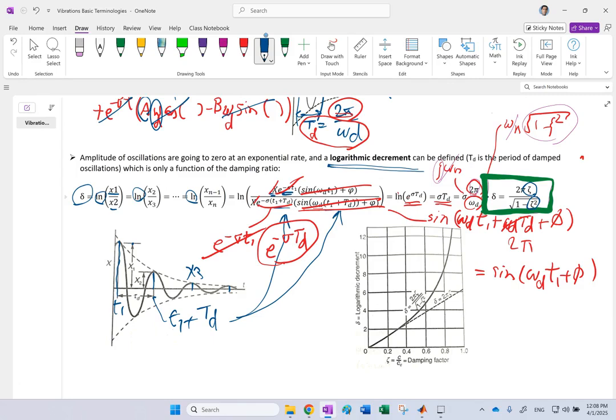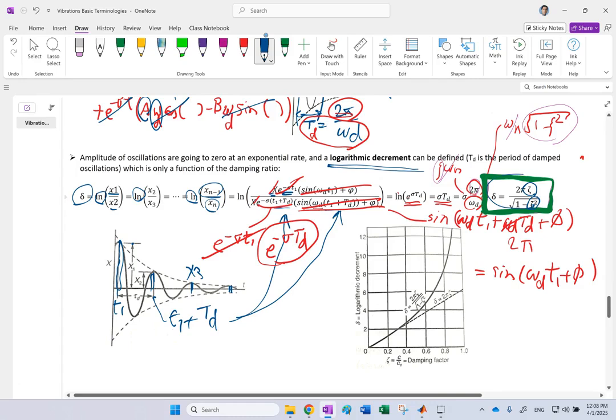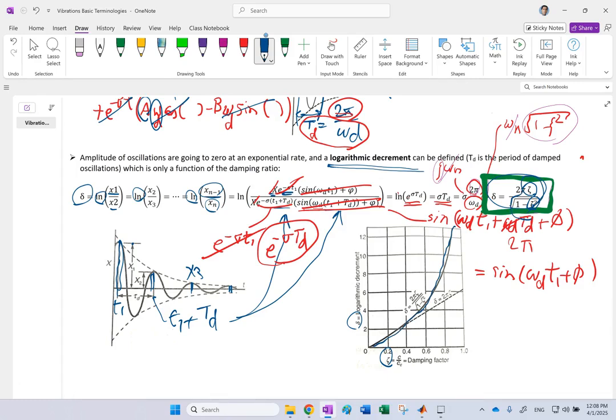Okay, so this logarithmic decrement, which shows the natural logarithm of the first amplitude to the second one, to the third one, to the fourth one, or n minus 1 to the nth one, depends on your damping factor. And this is the plot of it. So if you want to plot delta versus zeta, this function is going to look like this. Now, interesting enough, for small damping factors, you can approximate this curve by a line.